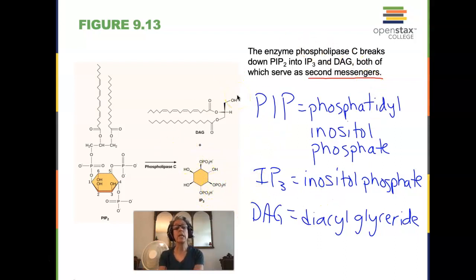This is important in this chapter because diacylglyceride and inositol phosphate 3 are also second messengers. That means a ligand bound to a receptor that indicated to the cell activated phospholipase C that generated these two molecules that will then have effects in the cell.